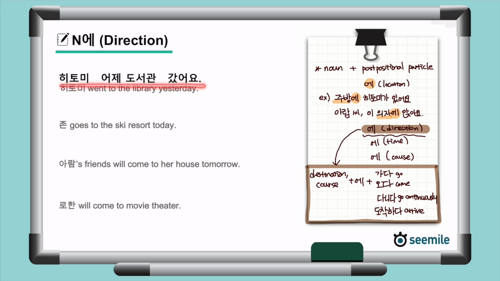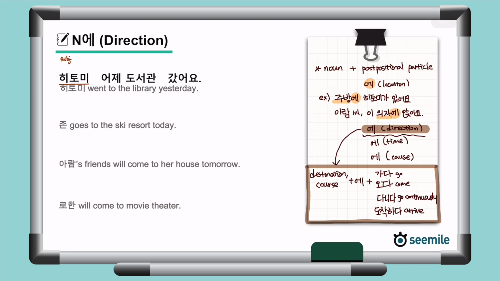히토미 어제 도서관 갔어요. Even if you were to use this incomplete string of words, Koreans would probably understand the speaker's intent. But to be accurate and minimize any chance of misunderstanding, we can add postpositional particles in their proper places.